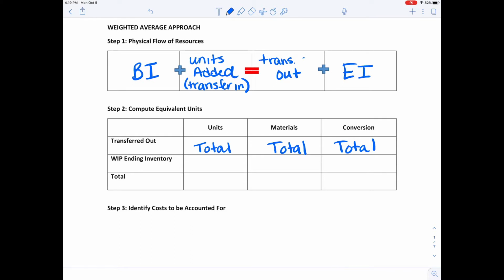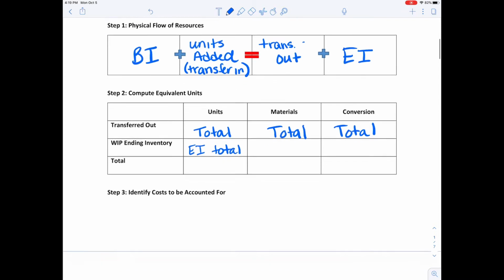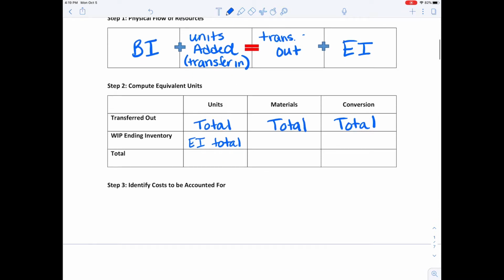That same total is going to go straight across. Now that ending inventory, we're going to have our ending inventory total that we're going to account for. But now for materials and conversion costs, this is where we're looking at those units that are not 100% complete because they're still in our ending inventory.